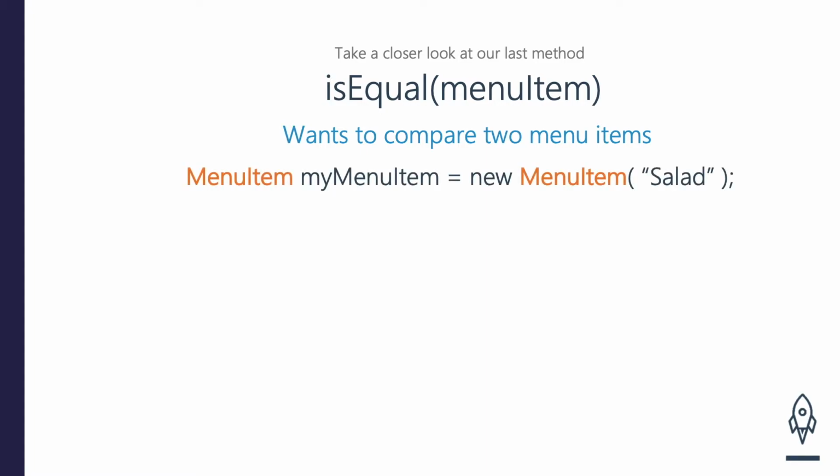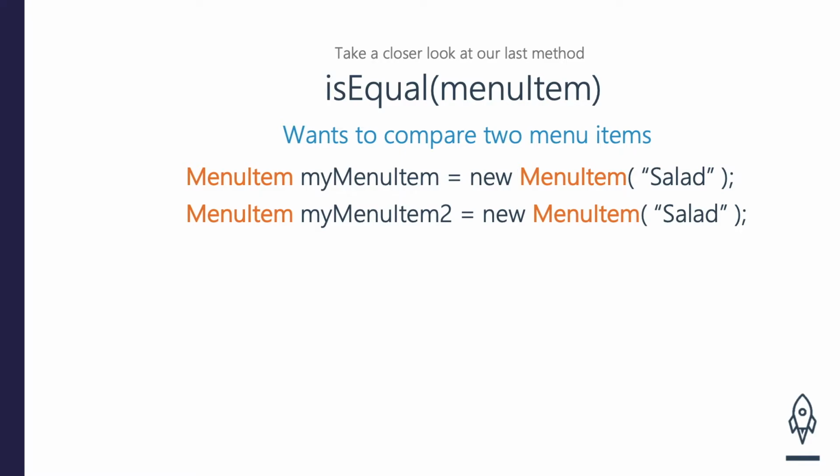Say we have a menu item that we create called myMenuItem, whose name is set to salad. And we have another menu item called myMenuItem2 that's also set to salad. In this example, both their names are salad, therefore these two should be equal. A common thing we did in Java to see if two objects were equal is to use that dot equals method.